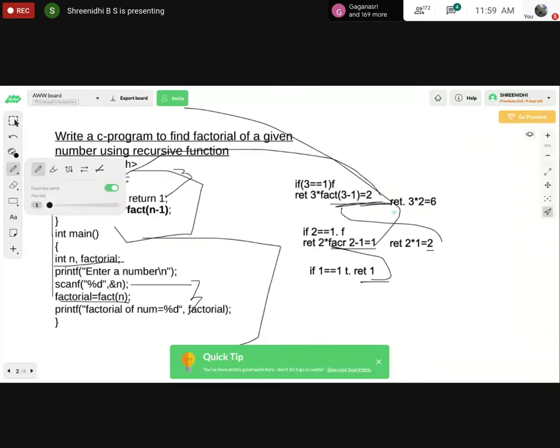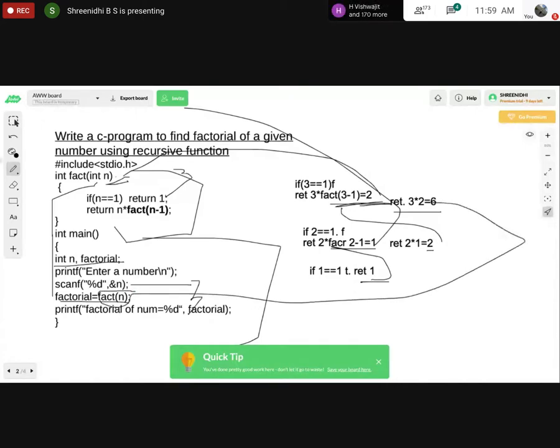Now see here, return 6. Where does this return? To this function, fact of n. For this, your 6 has been returned and you will get the output: factorial of num is equal to 6. This will be the output.